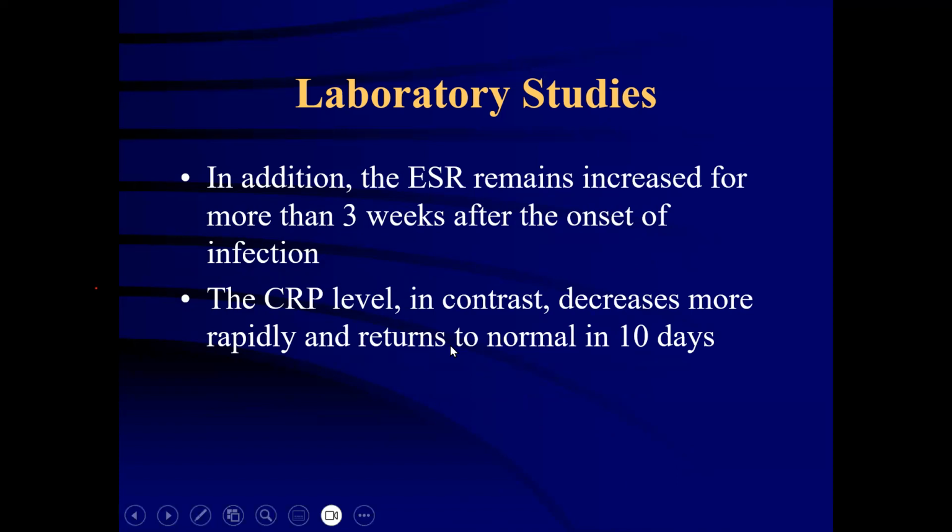So the same principle applies in the spine as it applies in other regions. The C-reactive protein is the first to return to normal level, the ESR at a later date. Keep this in mind.